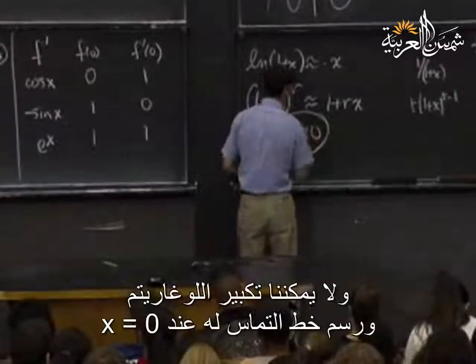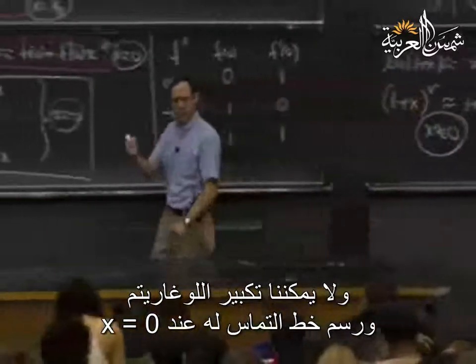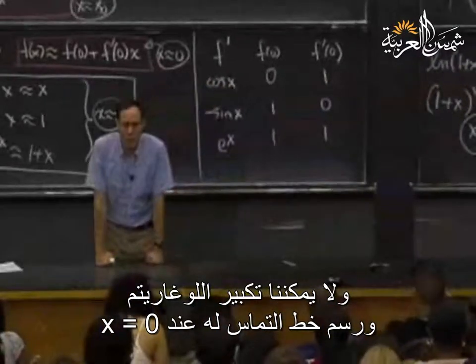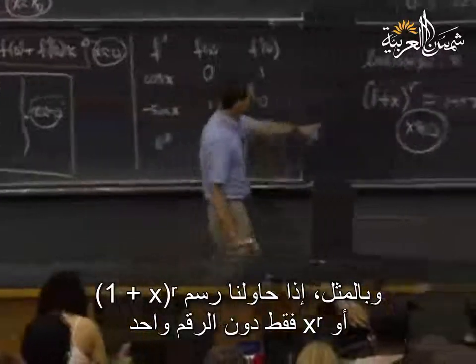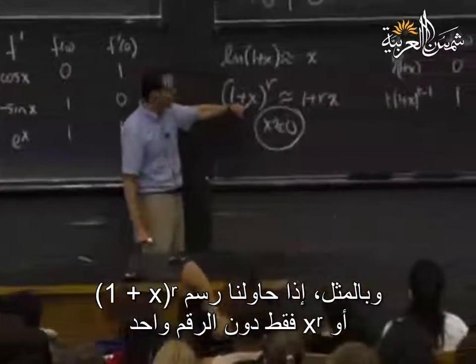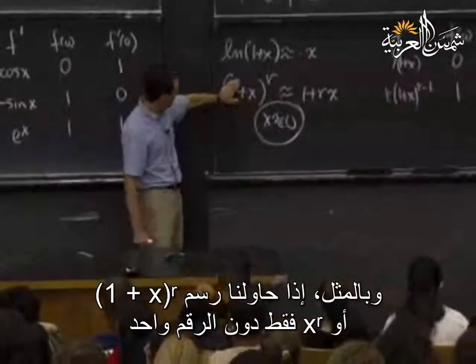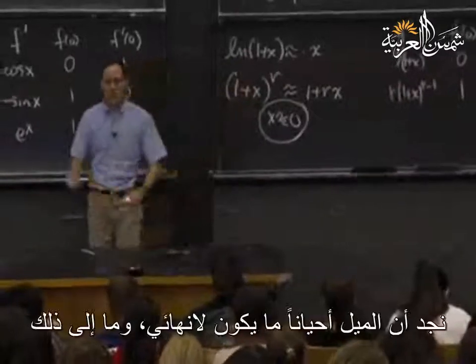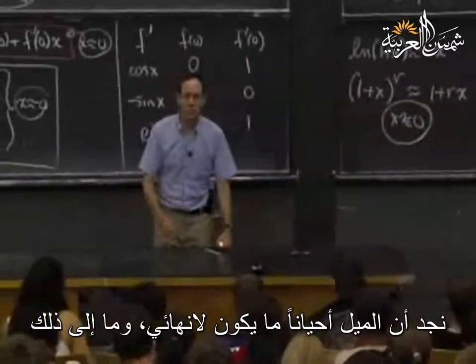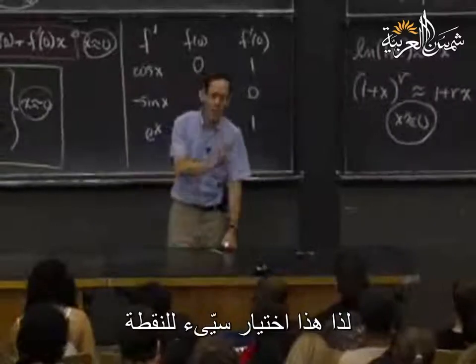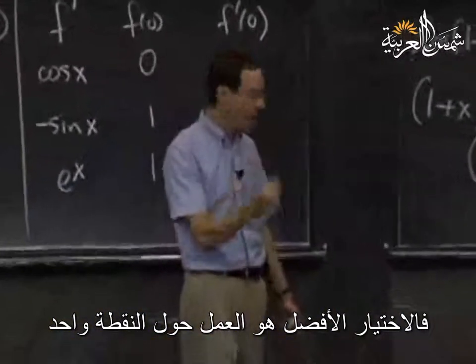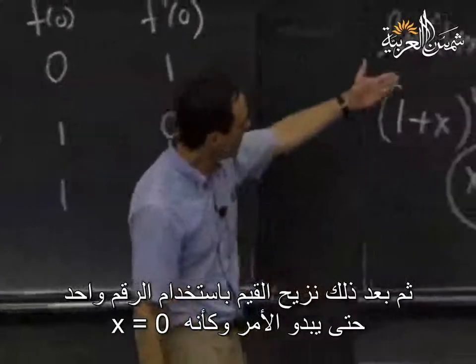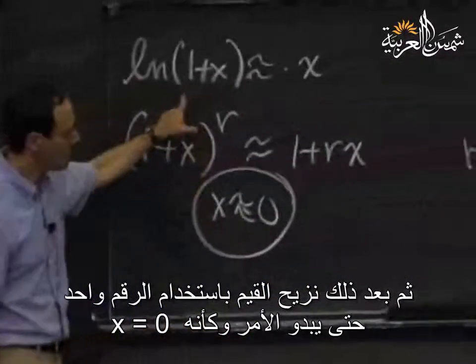You cannot expand a logarithm and understand a tangent line for it at x equals 0 because it goes down to minus infinity. Similarly, if you try to graph 1 plus x to the r, or x to the r, without the 1 here, you'll discover that sometimes the slope is infinite and so forth. So this is a bad choice of point. 1 is a much better choice of a place to expand around, and then we shift things so that it looks like it's x equals 0 by shifting by the 1.